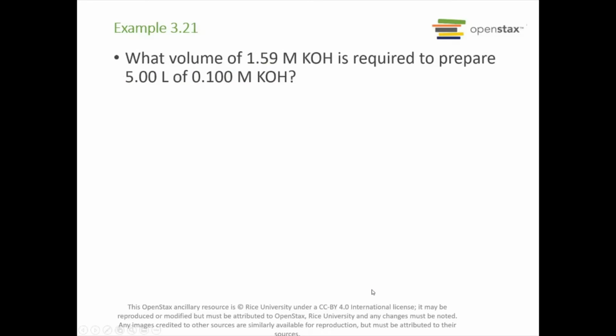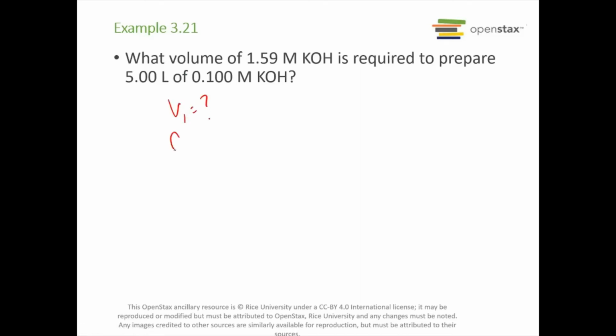Okay, and here's one more example. What volume of 1.59 molar KOH is required to prepare 5 liters of 0.100 molar KOH? So potassium hydroxide is what we're looking at here, and notice we're going backwards. We want to know our V1.